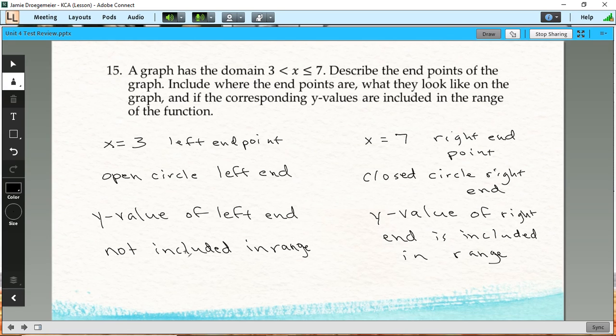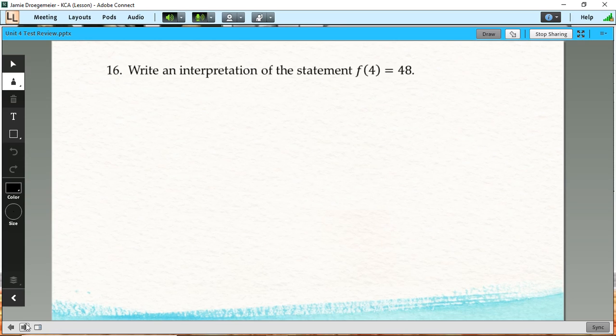We've got two more here before we wrap up. Number 16, they've given us a function f of 4 equals 48. They just want us to come up with an interpretation of that. So basically, what's a situation that you could apply to f of 4 equals 48? Well, we know that the input is 4 and the output is 48.